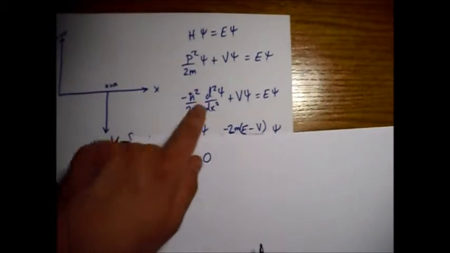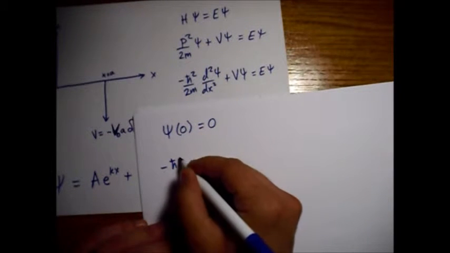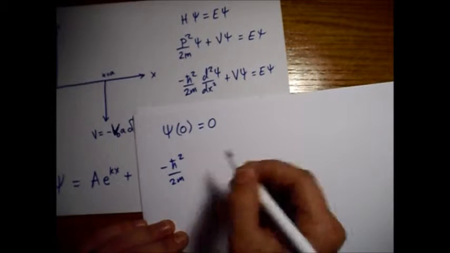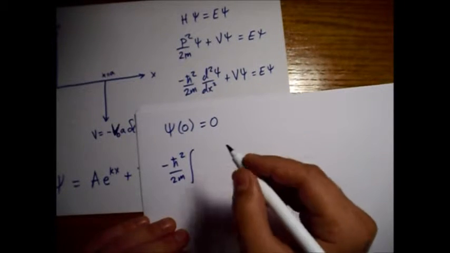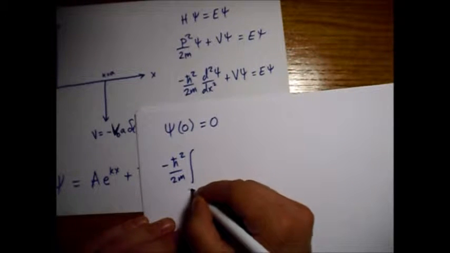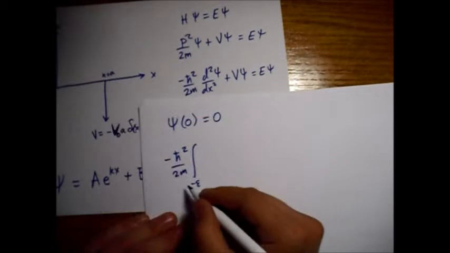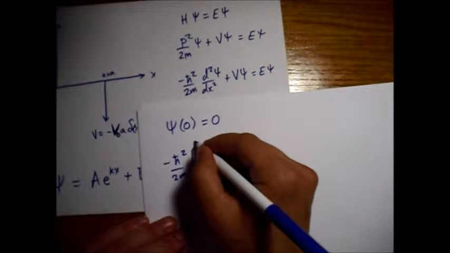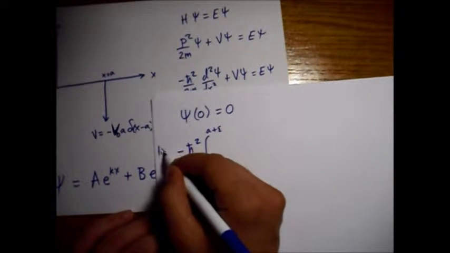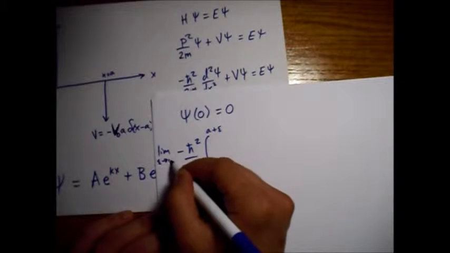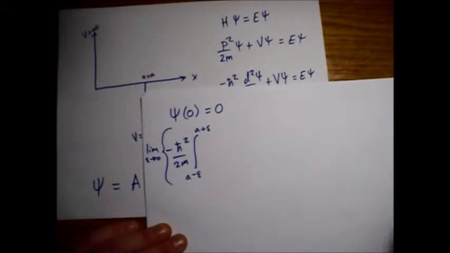So let's go ahead and work out our delta function condition here. We'll start up here at this Schrodinger equation, and we're going to integrate it from a minus epsilon to a plus epsilon. We'll end up taking the limit as epsilon goes to 0 of this whole expression.